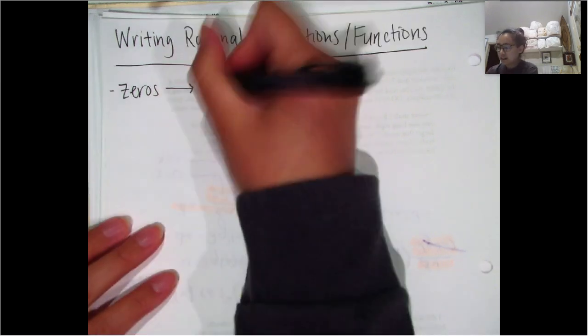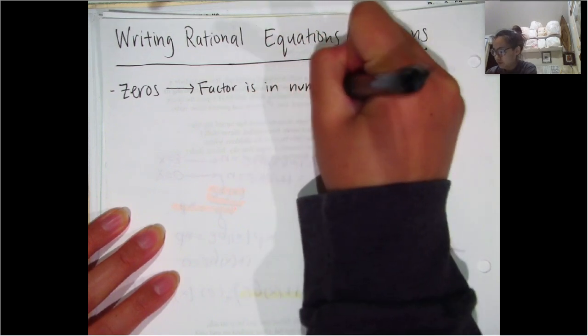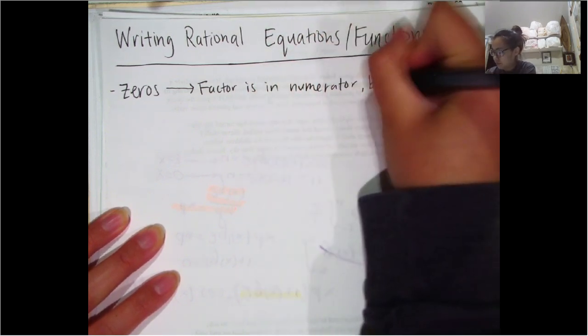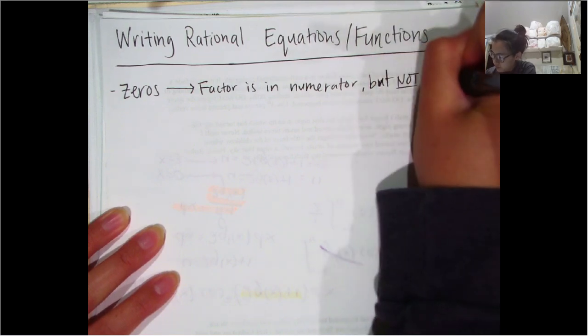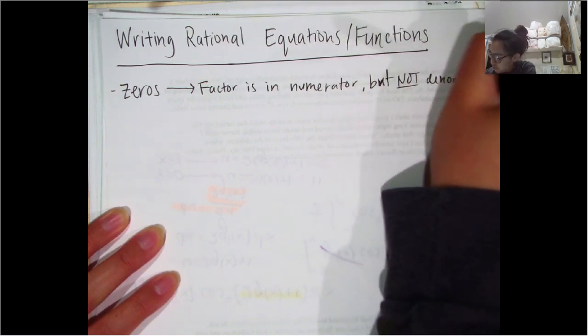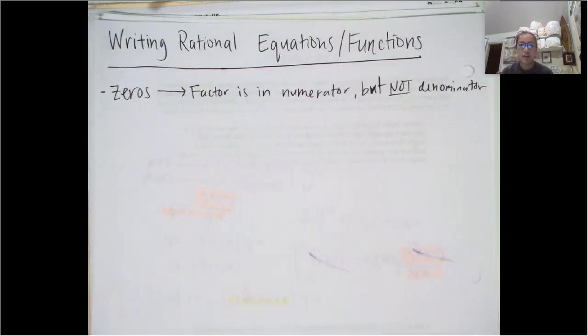So the factor can be in the numerator, but not in the denominator. So it has to be in the numerator, but not in the denominator.